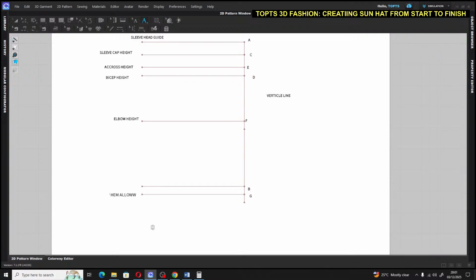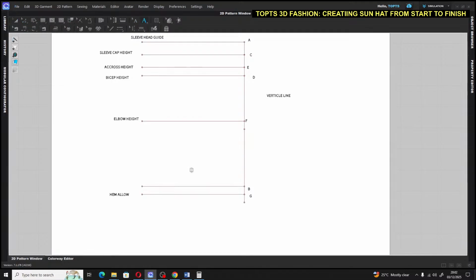With time you will need to master how to abbreviate these words, these lines. So then this one is our what was this? This was our sleeve length.